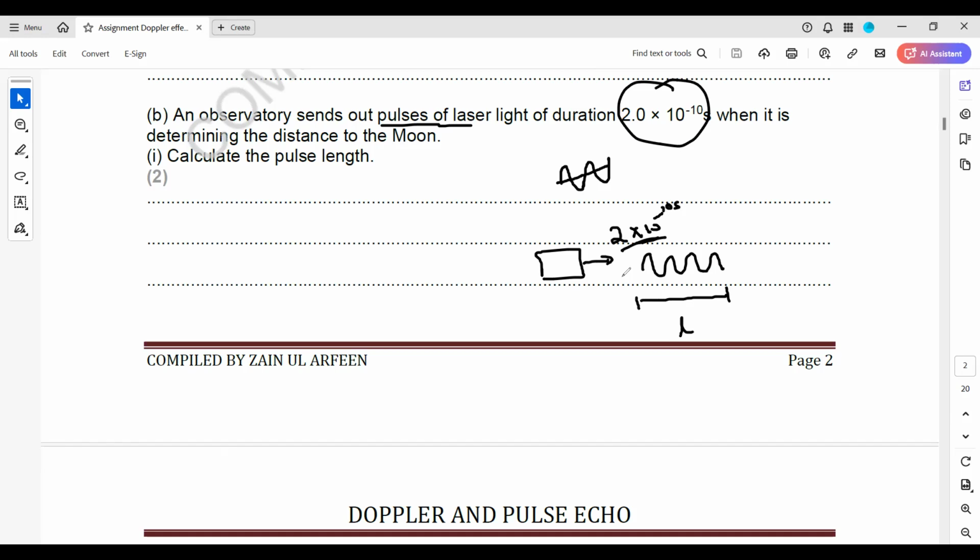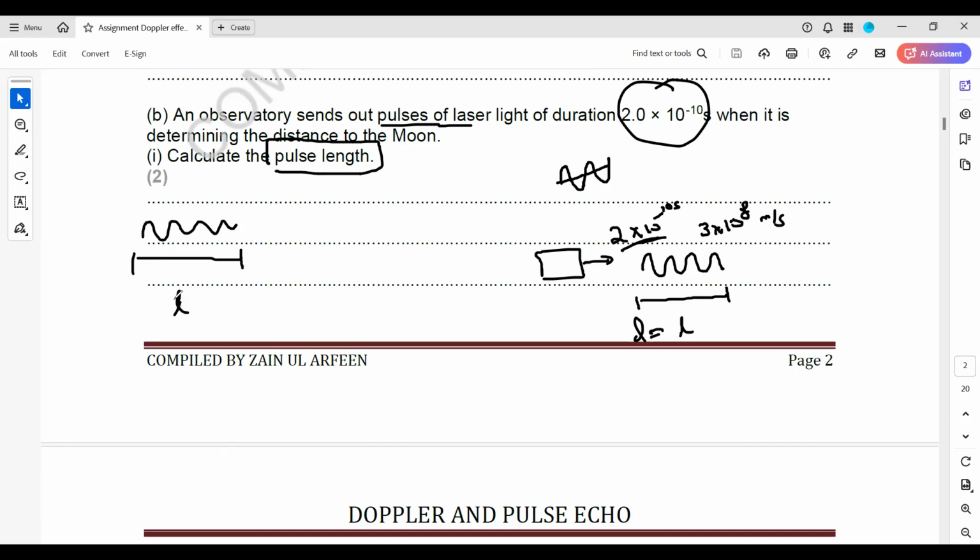We know the speed of the wave, the speed of the electromagnetic wave, 3 times 10 to the power 8 meters per second. That is the speed at which the wave will travel. And it was switched on for 2 times 10 to the power minus 10 seconds. What is the distance covered by this pulse in that much time? It's not the total distance, it's just the pulse length. The pulse length is the length of the signal for a duration, the length the signal will cover when it is produced.